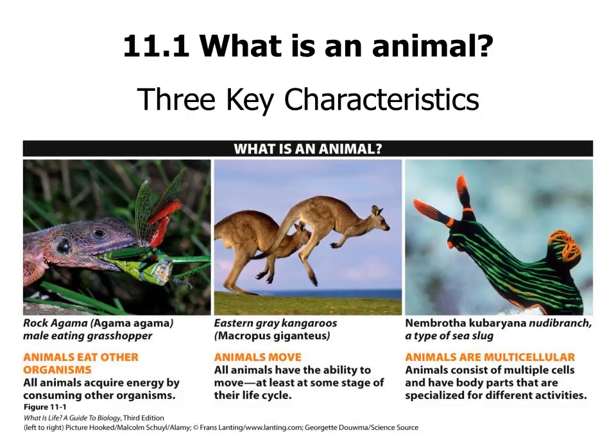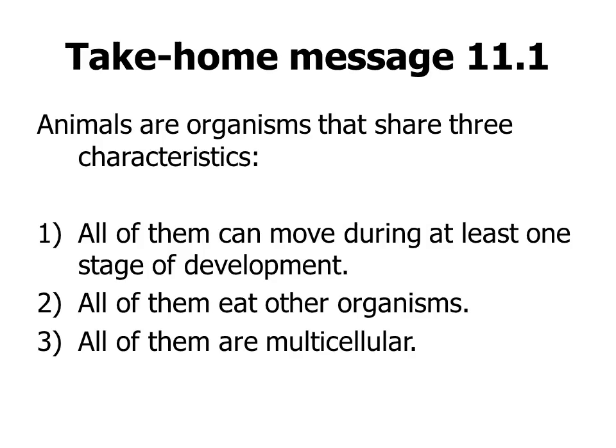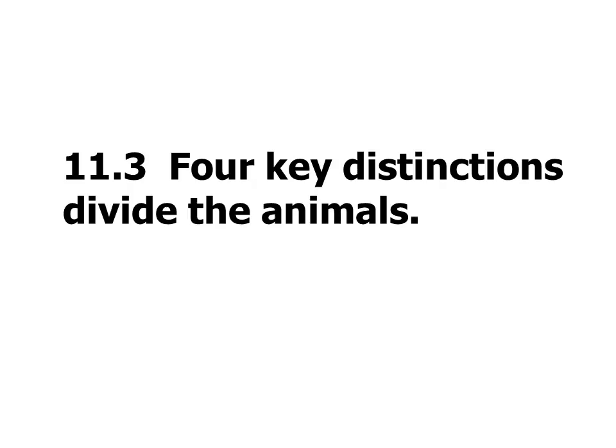So all animals have the ability to move at least at some stage of their life. And they're multicellular. So every single animal is multicellular. That means it has many cells. They consist of multiple cells, and they have body parts that are specialized for doing different things. So know those 3 characteristics that define an animal.